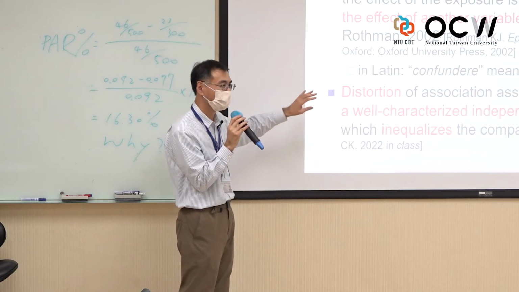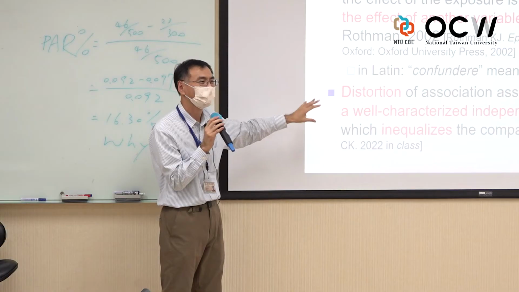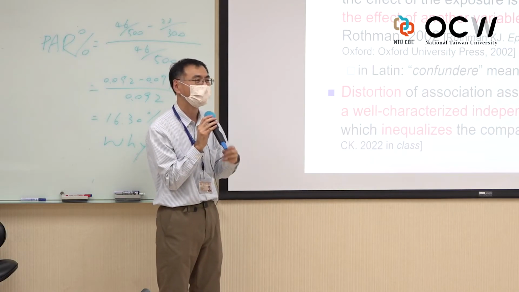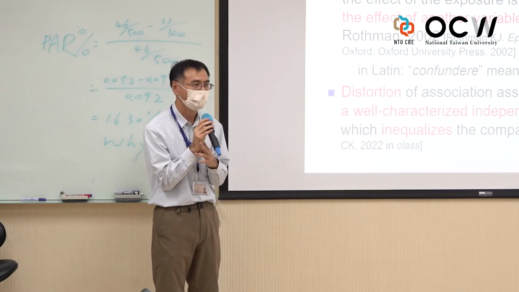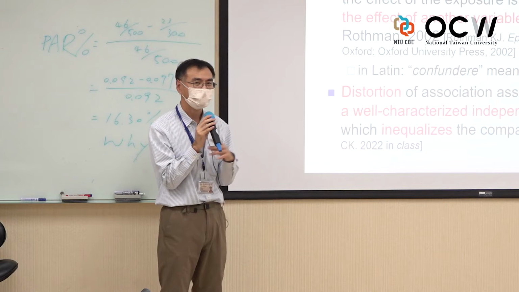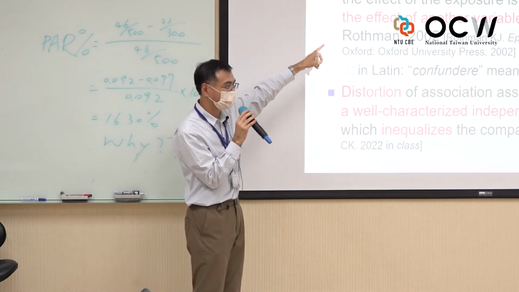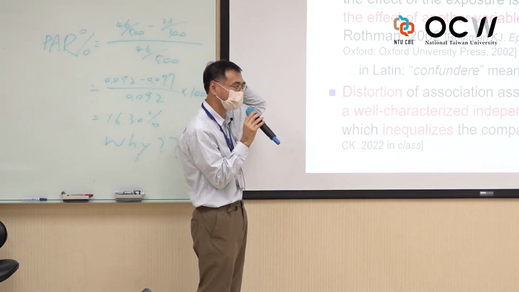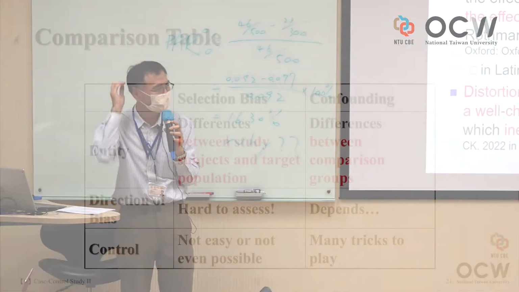So we need to deal with it to make sure that the comparison groups are comparable to each other, or we could say that we have to ensure the comparability between the comparison groups. So it's uneven mixing, not like what Professor Rothman says. Yeah, he's alive. He's working in Oxford, I think, now.